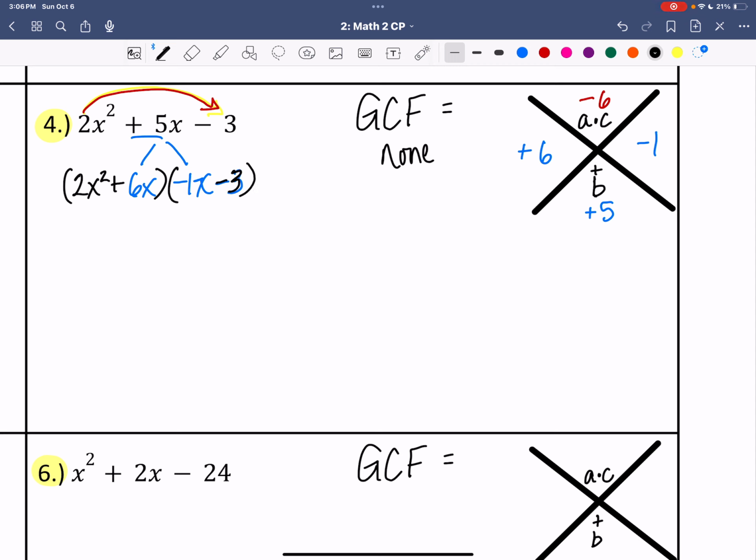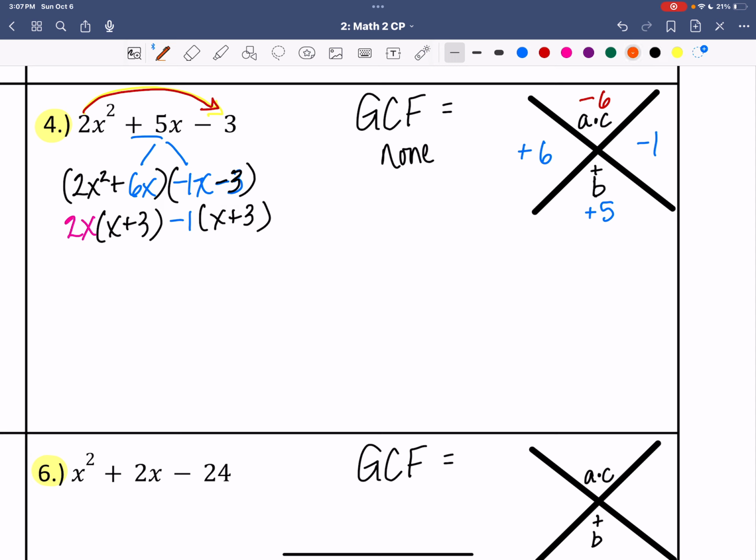All right, so remember I said we need to factor that negative 1 out. So let's factor that negative 1. And then you are left with x plus 3. And then here, we're going to factor out a 2x. And I've got x plus 3 here.